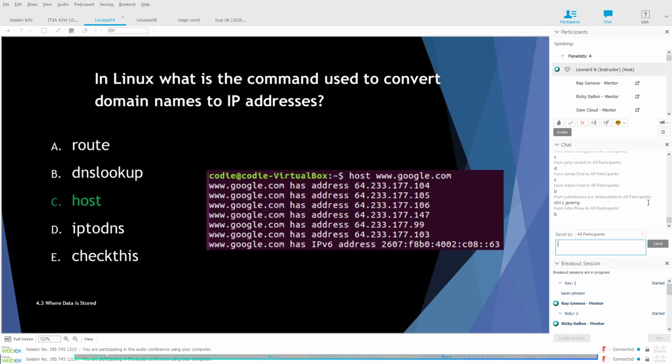Okay, that is what the host command does. It tells us what the address is. So here we did host google.com. So this is like a ping, but instead of a ping, it's giving you the IP address of whatever website you're looking for.